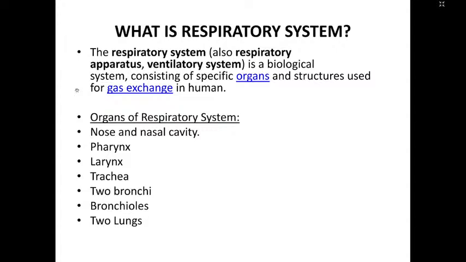They start desaturating, they cannot take in oxygen, and they cannot diffuse out the carbon dioxide, and that is the time the mortality rates go very, very high. And that is why this system is very important.